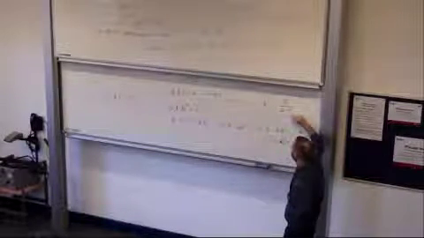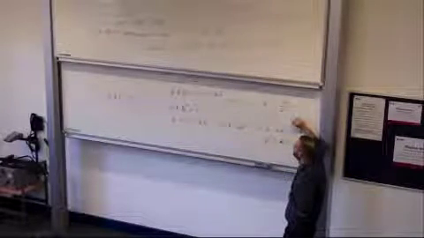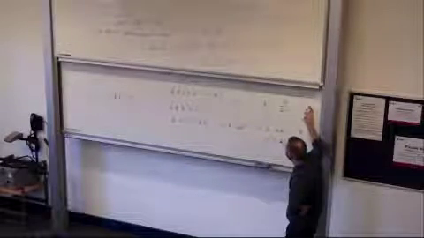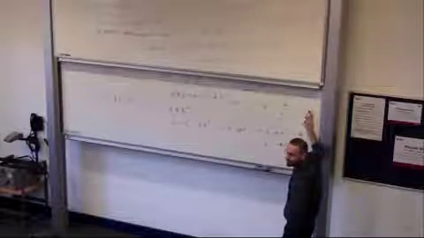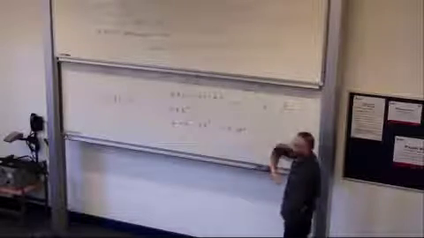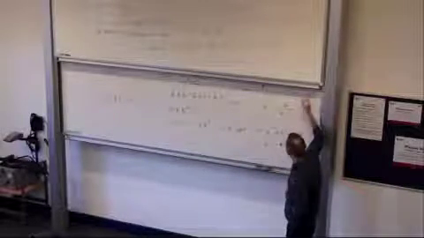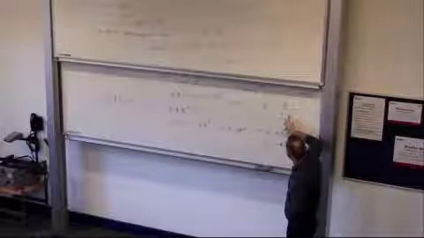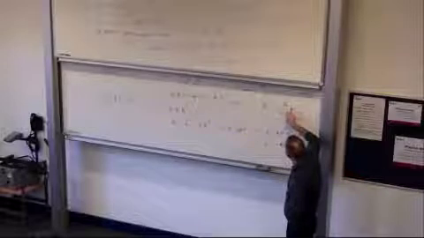Now, if this is the inverse element, is this a group or not? Does this mean that every element is invertible? No. Which are the elements that are invertible? Only 2, for example. 2 is invertible because 2 divided by 2 minus 1 is 1, so A is equal to 2.